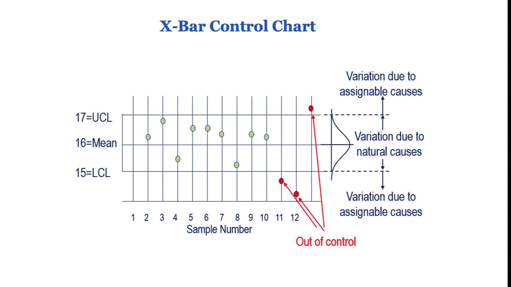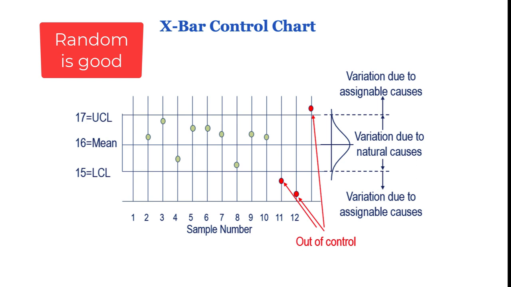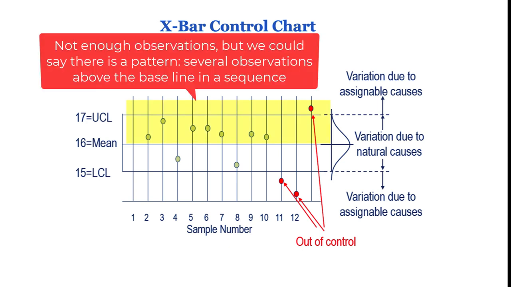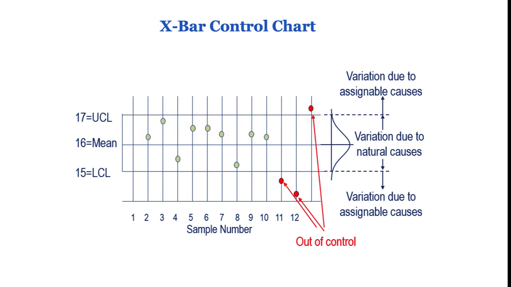Now, a good rule of thumb for analyzing a control chart is that the process means and ranges should appear to be random. If there is a pattern of any sort to them, increasing over time, decreasing over time, this indicates that there is something systematic going on with the process. If there is something systematic going on, the process should be stopped in order to determine the cause and whether it warrants remedial action.